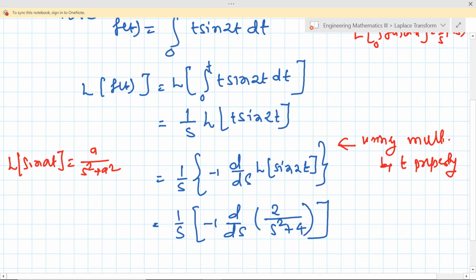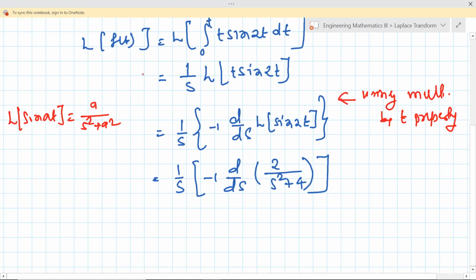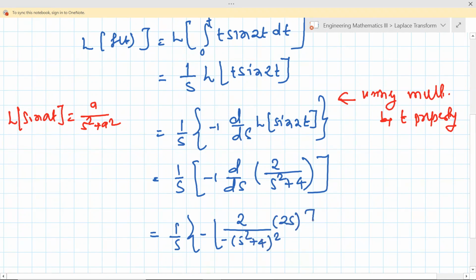Now take the derivative. What is the derivative of this? This is simply 1 upon s as it is, minus, inside the bracket 2 as it is, over s square plus 4 bracket square, into derivative of s square plus 4, which is 2s.